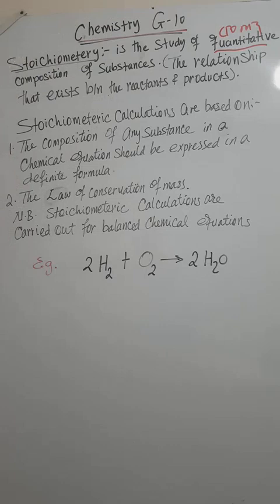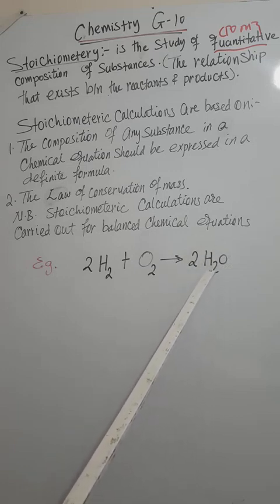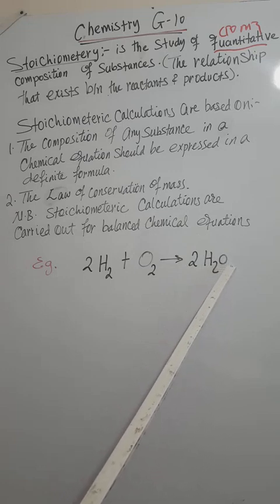By the way, in chemistry we do have two compositions, quantitative and qualitative composition. Qualitative composition means the type. For instance, here we write 2H2O, this is 2 molecules of water. So when we say quality, this is made of hydrogen and oxygen.